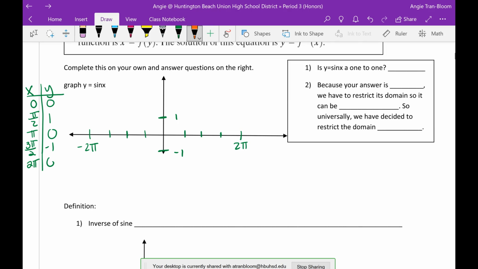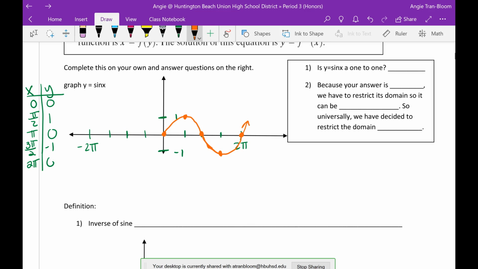And let's plot the dots. Here we go. 0, 0. Pi over 2 is 1. Pi is back at 0. 3 pi over 2, negative 1, and 2 pi is now 0. Round out your max and min, because if you have some pointy looking thing, it's going to mean something completely different later in calculus.